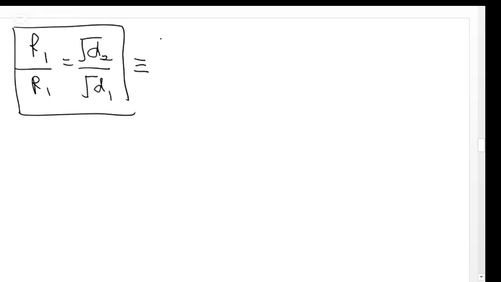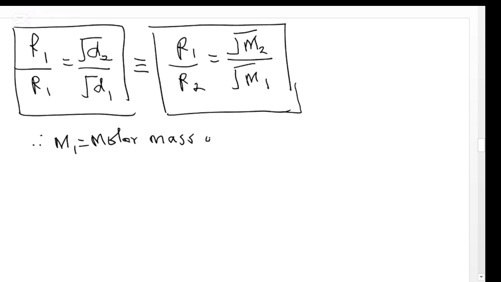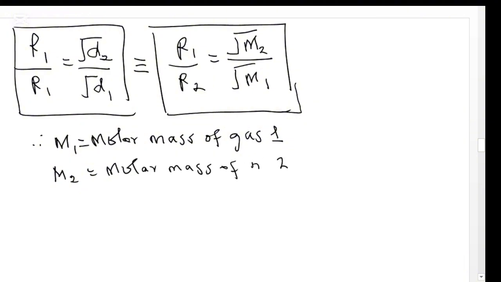So it's the same as saying R1 over R2 equals square root of M2 over square root of M1. It's the same thing. Please, are you following? In this case, your M1 will be equal to the molar mass of gas 1, and your M2 will be equal to the molar mass of gas 2.